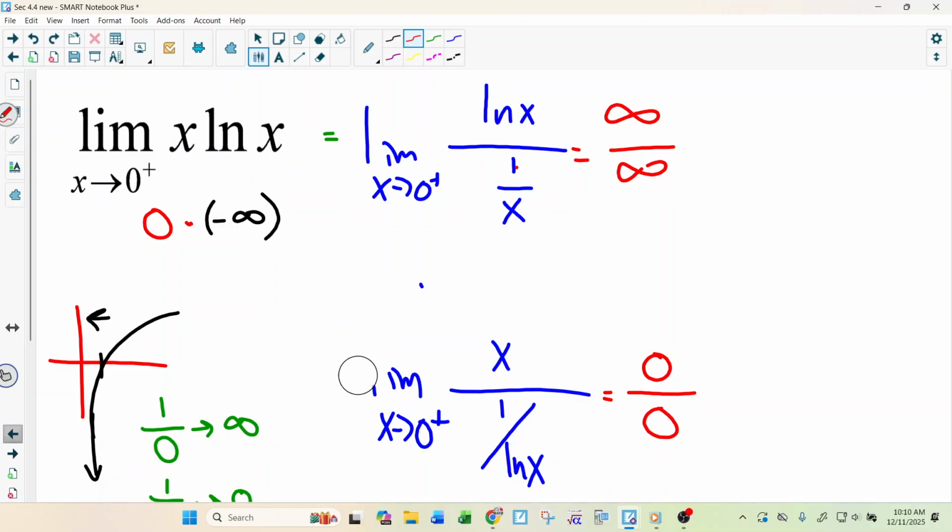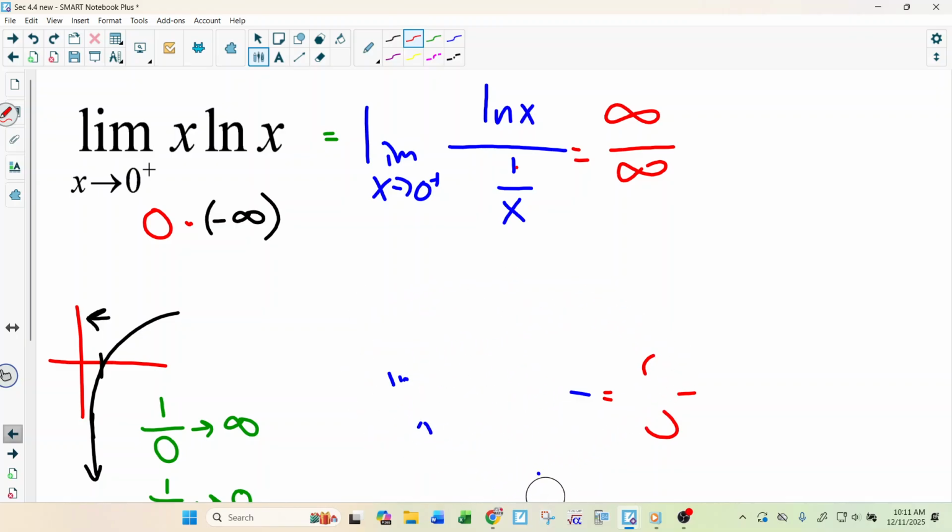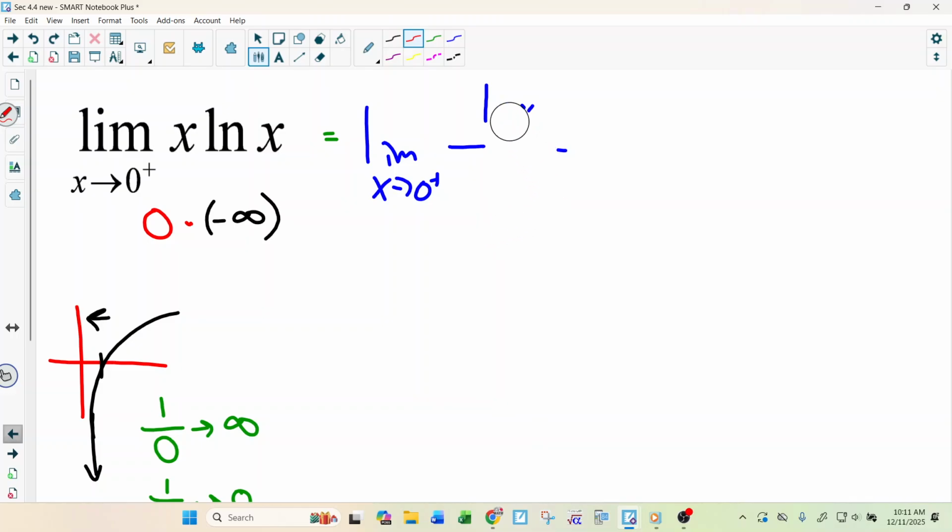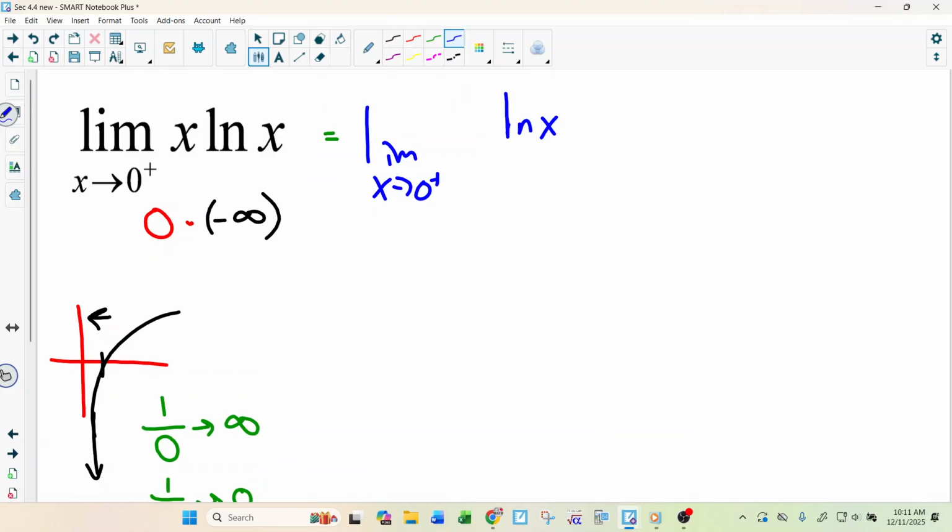So instead, we're going to get rid of this and rewrite it as natural log of x divided by 1 over x. I have taken this x and moved it to the bottom, so that I now have infinity over infinity. Now we're ready to do L'Hopital's rule. I had to do one step to get it in the right form.